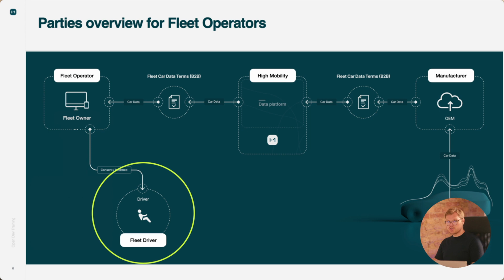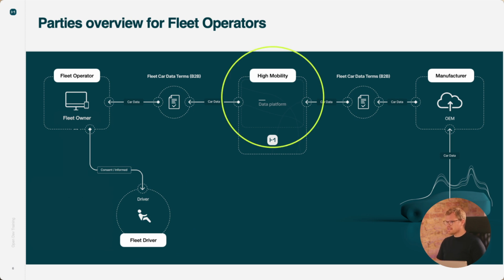That can be managed through contracts, or a digital workflow. If you're already using other types of tracker devices to get data, you have all of that sorted out. But depending on the use case, you just need to make sure that the fleet drivers are correctly informed about the data collection.